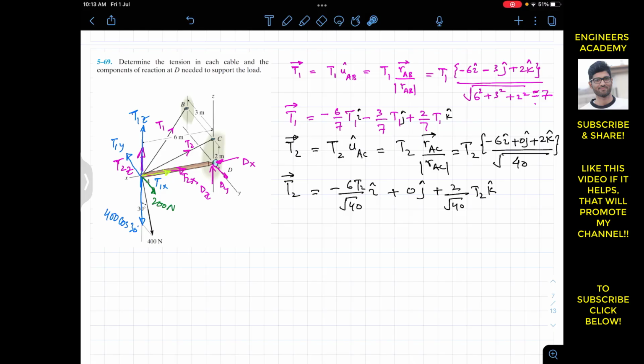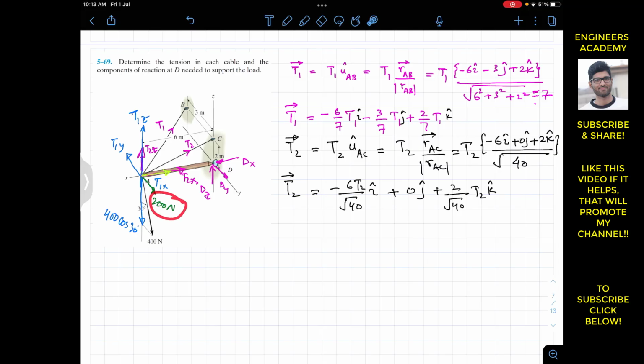They are not going to produce the moment about the z-axis. Let me write this T2z here. This pink one is T2z. So these x components and these z components are not producing the moment about the z-axis.